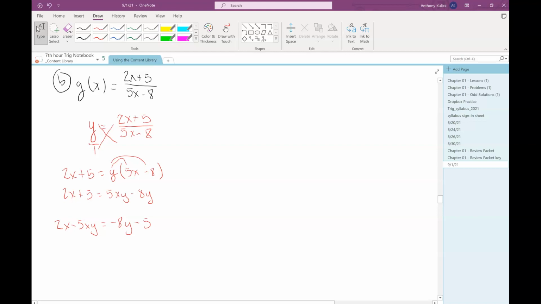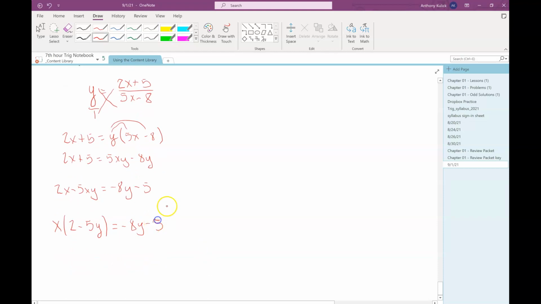So I can factor off that greatest common factor of x. Notice in doing that factoring, my x's have gone from being in 2 locations to being in 1 location.